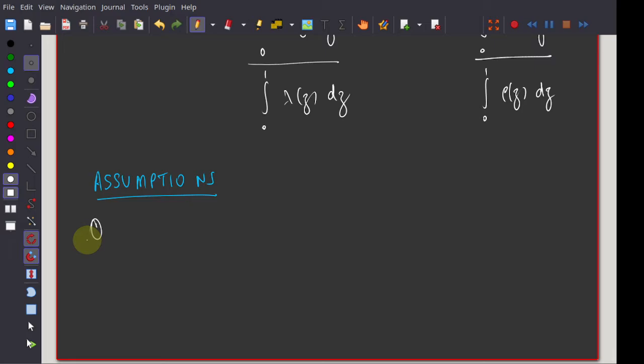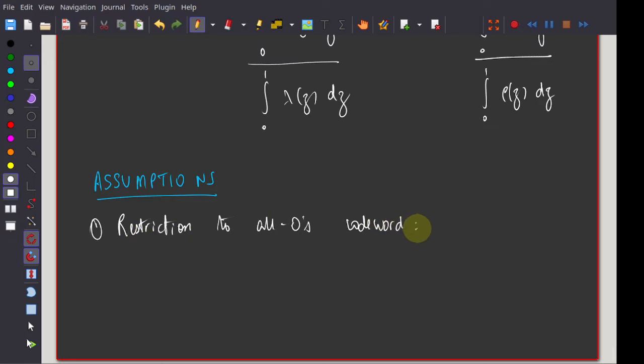So the first assumption or simplification is basically the restriction to the all zeros codeword. By this I mean that during analysis, people always assume that the all zeros codeword is transmitted.